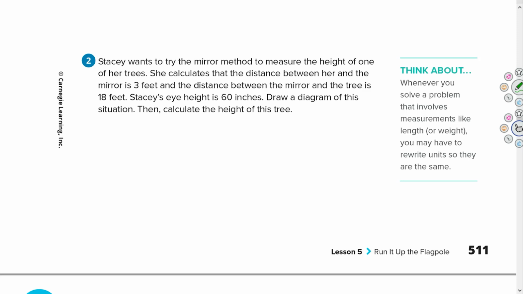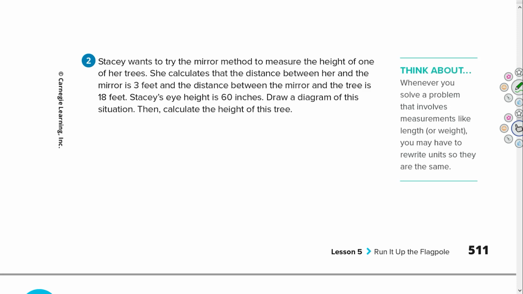Now I want to push you and see if you can draw a diagram, even if it's two triangles. Draw a diagram of Stacy and the mirror and the tree, draw on the similar triangles and label it. Please pause the video and draw a diagram that models this situation.